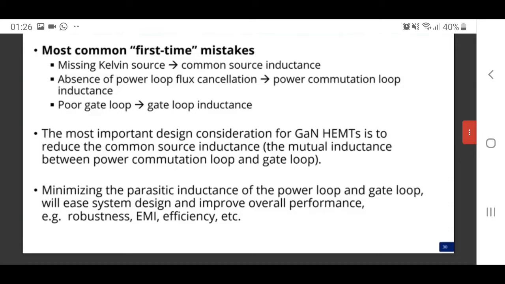There will be some fault tolerance when you design the power loop and the gate loop, as long as you can make the return inductance as small as possible. But minimizing the parasitic inductance can make the system design much easier and also improve the overall system performance, for example, system robustness, EMI, and efficiency.